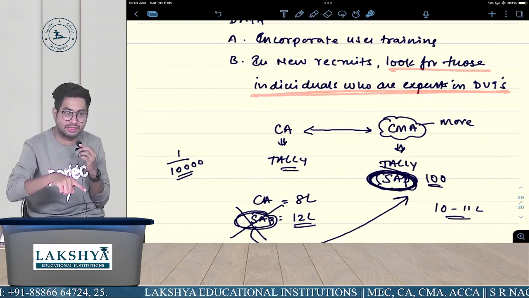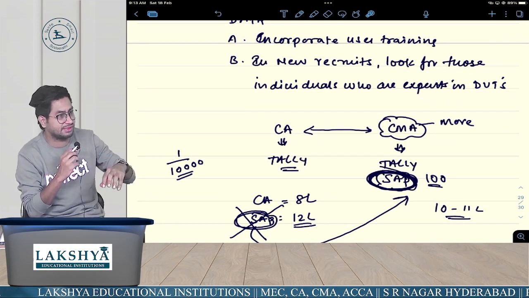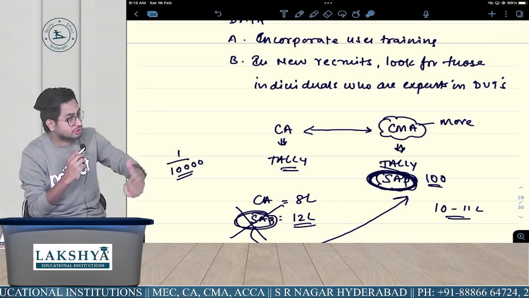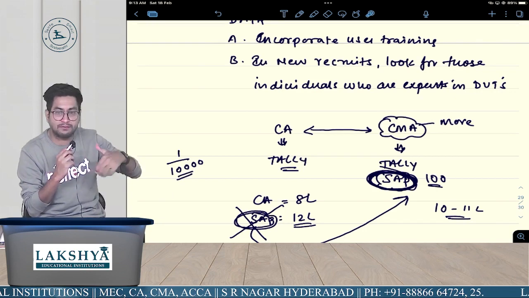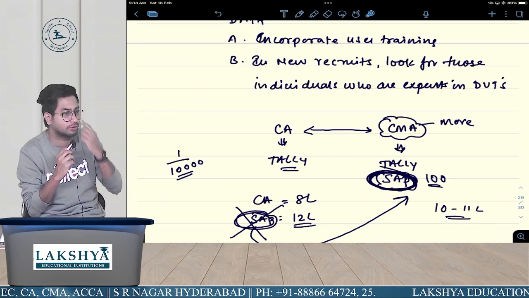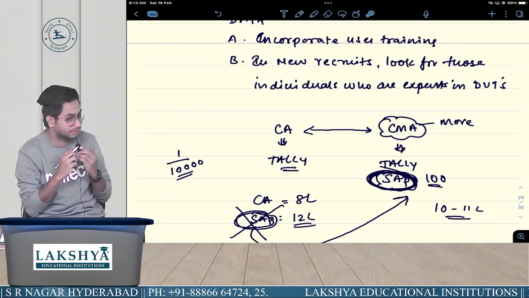So who has knowledge of data visualization and who does not? A CMA has knowledge of data visualization because you're learning SAP. Who does not have that knowledge? After getting rejected in interviews, that fellow will go and do an SAP course and again start going for interviews. That is the only difference between a CA and a CMA.